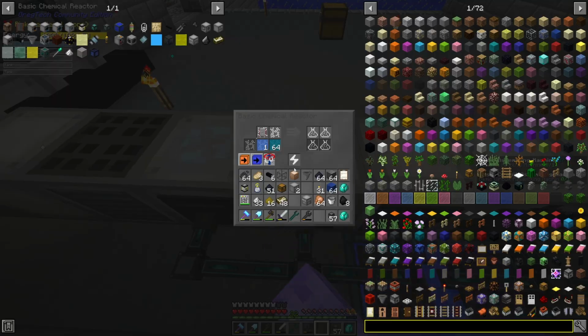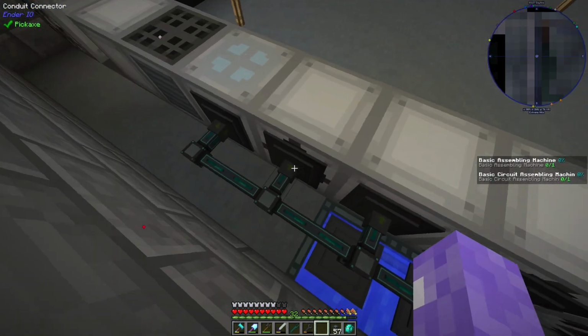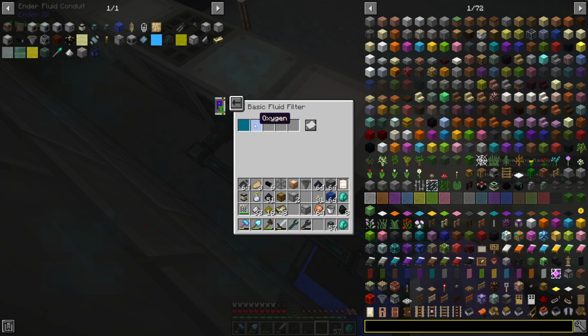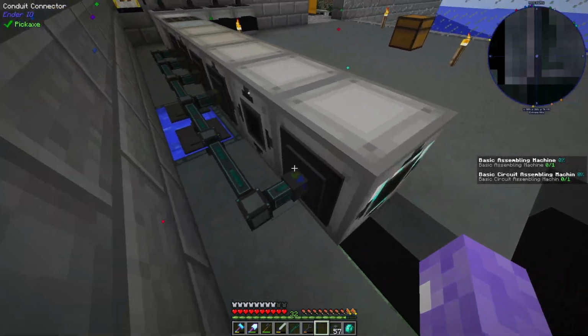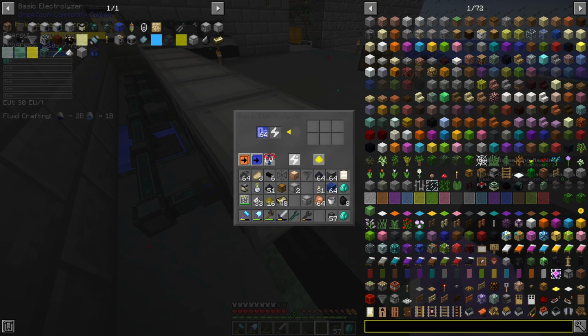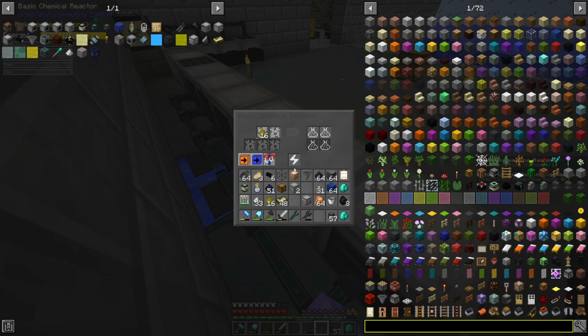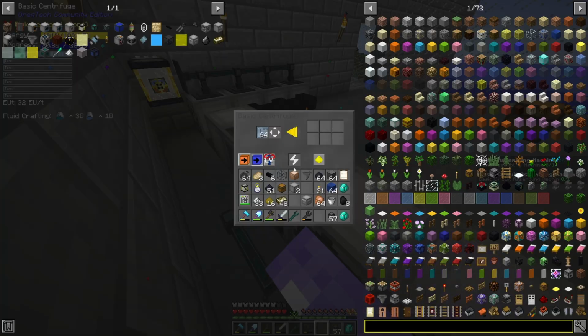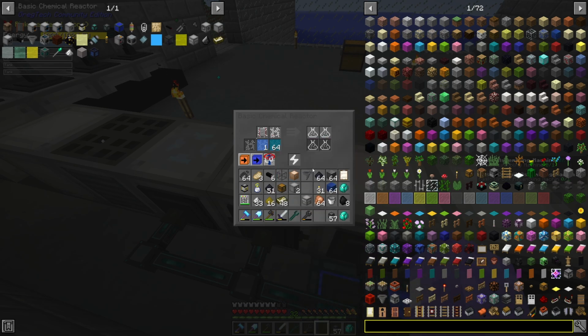I think it just needs more oxygen than what we have right now. Insert filter should have oxygen in it as well. This electrolyzer is just slow. So that's electrolyzing and this is centrifuging to both. Both should be getting oxygen. It's just kind of slow.